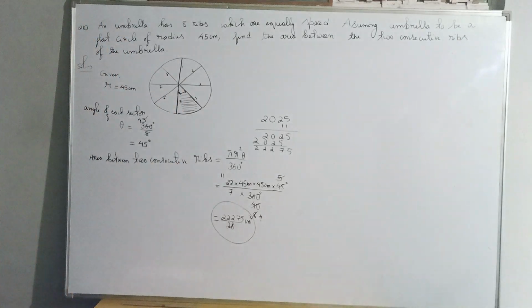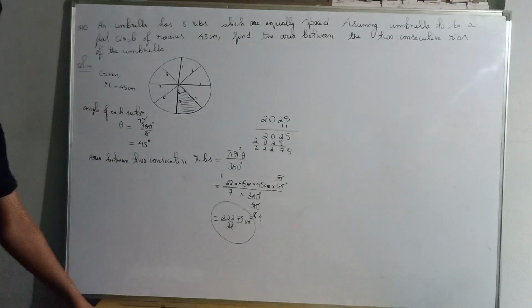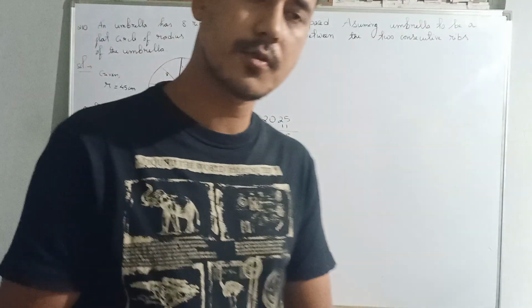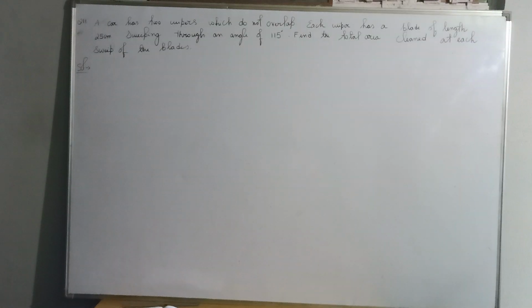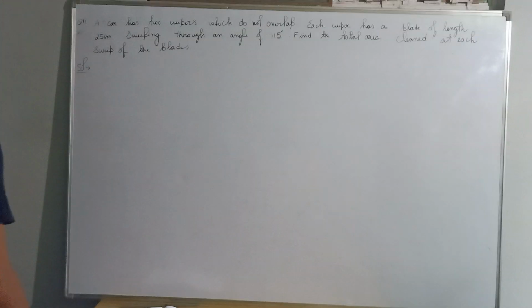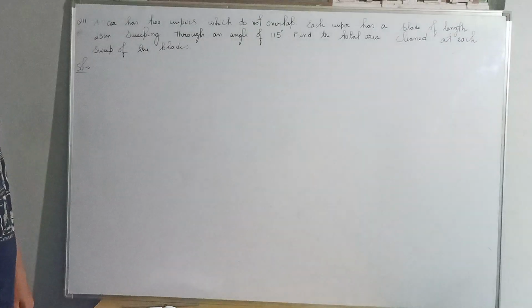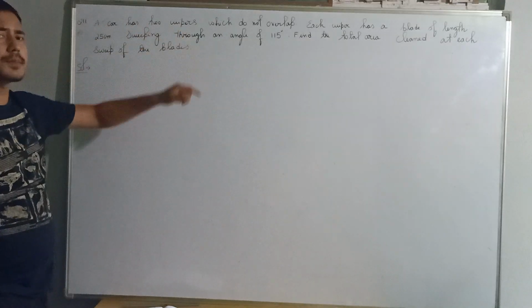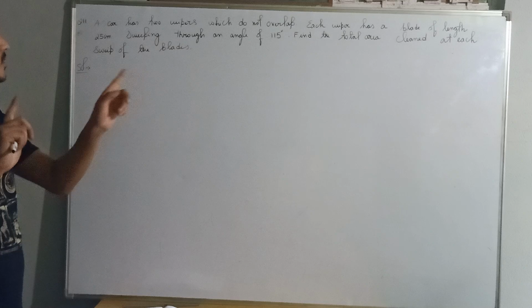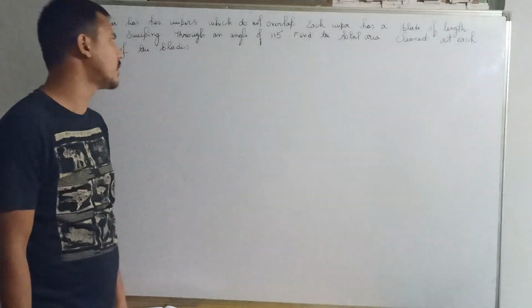So that's the end of your question number 10. So we proceed with the next question. So we now go for question number 11 of exercise 12.2. A car has two wipers, which do not overlap.